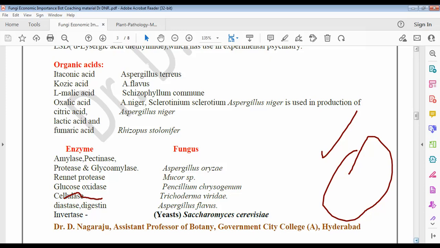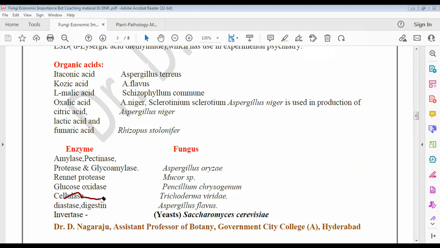That's why it is amylase. And pectinase works on pectins, and proteases on proteins. All these enzymes are prepared using Aspergillus, like Aspergillus oryzae, which is grown on Oryza sativa.